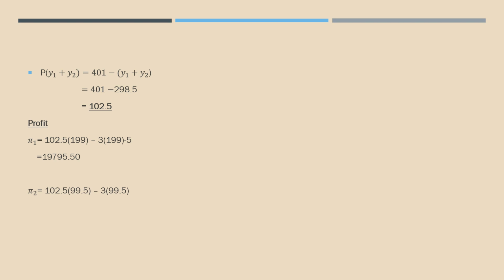When I look at the profit of Firm 2, I use the output of Firm 2, which is 99.5, minus the cost function of Firm 2, which is 3Y2. I replace Y2 with 99.5, and here I get the profit of Firm 2 is 9,900.25.